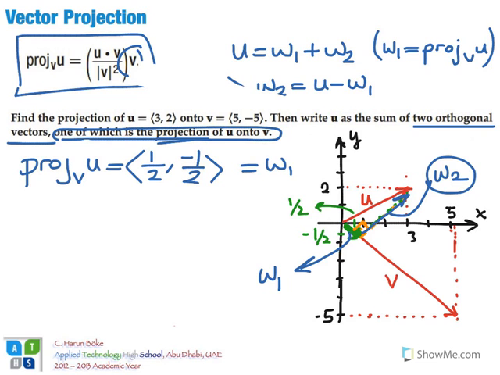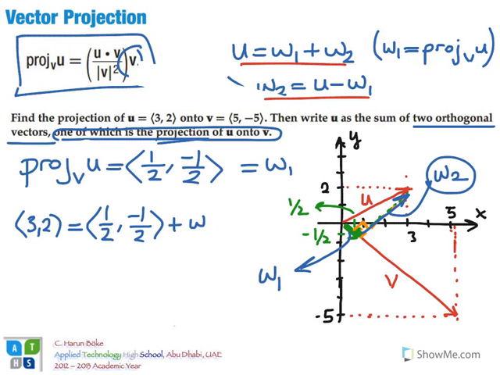So what we are going to do is write u to be (3, 2) equals, well, what is w1? It is (1 over 2, minus 1 over 2) plus w2. Now, if you move this over, it will be (3, 2) minus (1 over 2, minus 1 over 2), so we will have w2.